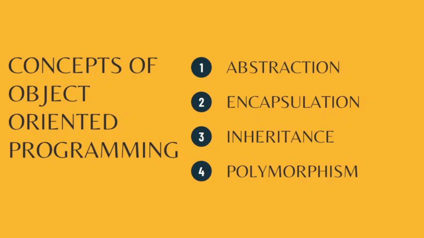Then the last thing on the list is polymorphism. So when we say polymorphism, poly simply means many, and morph simply means forms. So many forms. So in object oriented programming we have polymorphism, which simply means that you can have one function, let's say a function that does something.